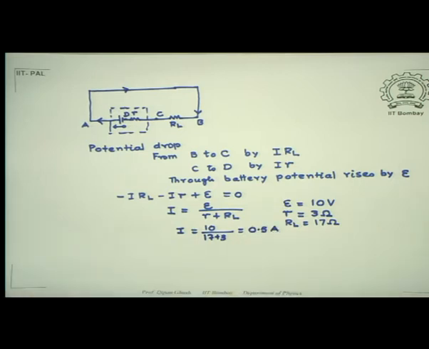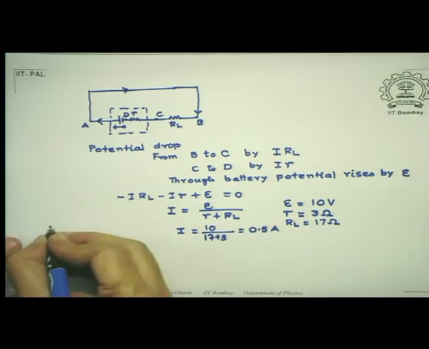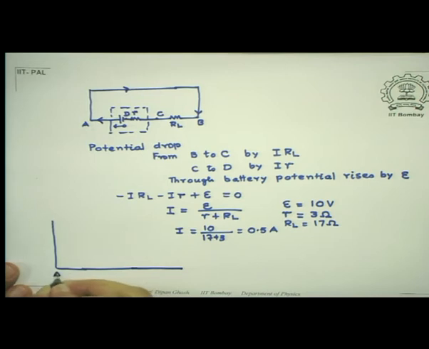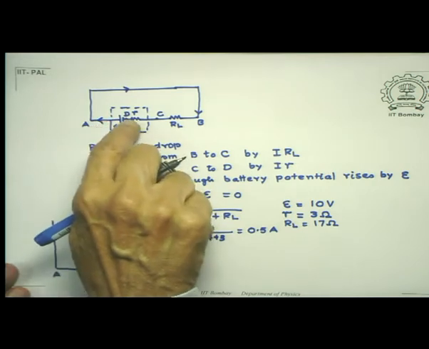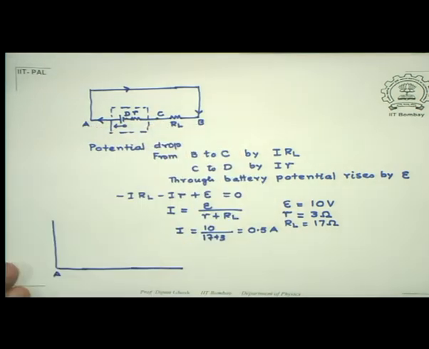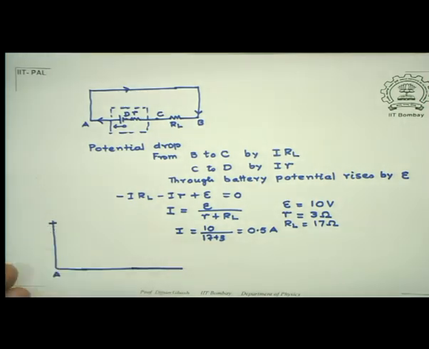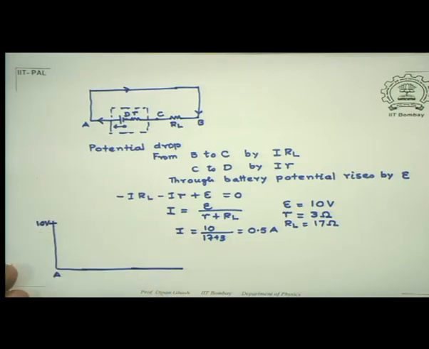Now, let's look at how the potential changes. Suppose I am going from A to B, since we have already seen how the potential varies. So, start at the point A and let me look at the potential at various points D, C and B. So, I start with the point A, which is obviously at a 10 volt potential.